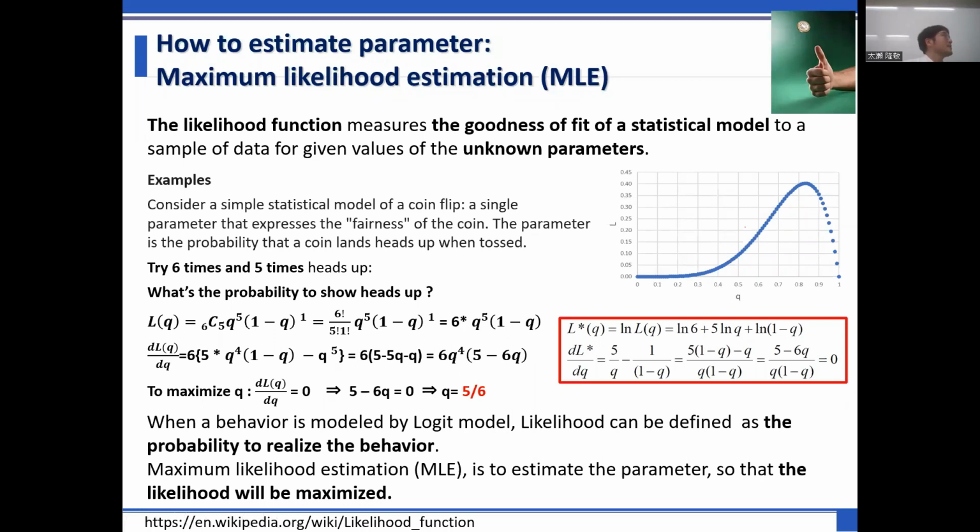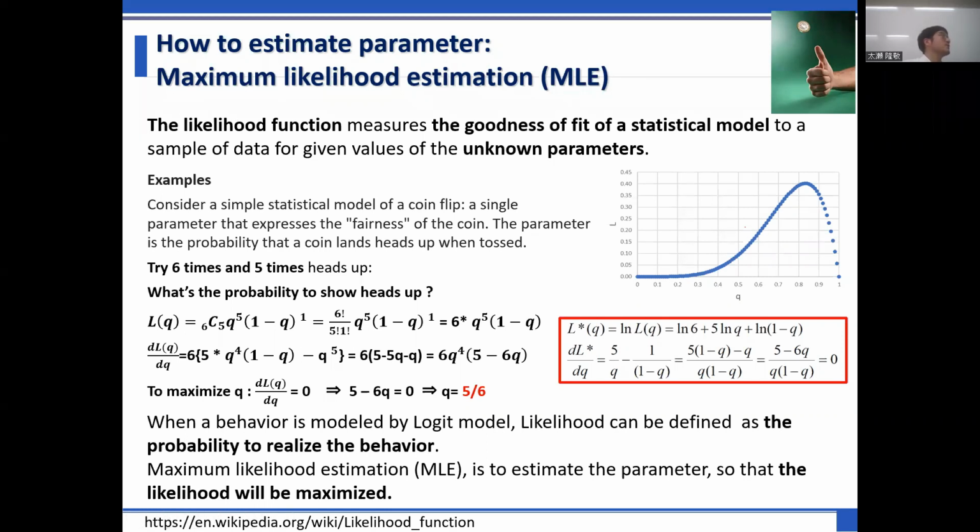And when the behavior is modeled by the logit models, likelihood can be defined as the probability to realize the behavior. So the maximum likelihood estimation methodology is to estimate the parameter so that the likelihood will be maximized.